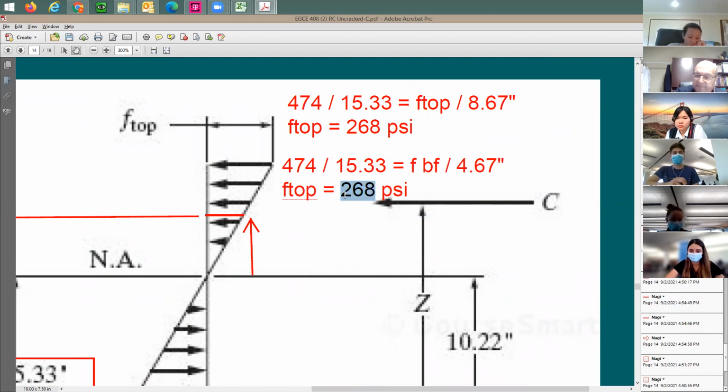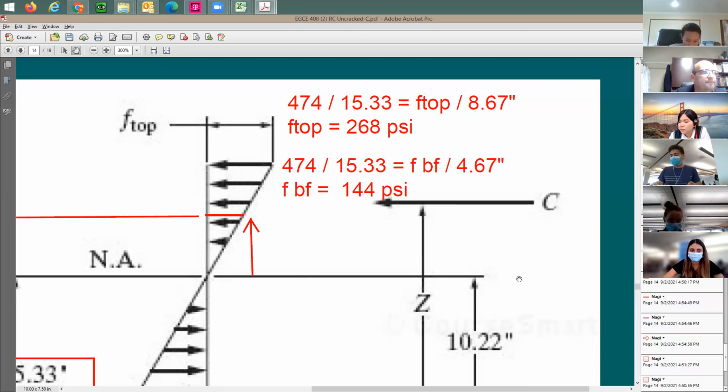Can someone help? Is it 144? How much? 144?